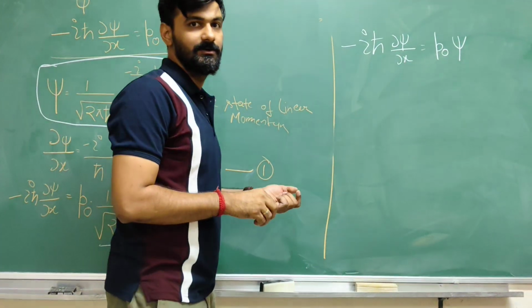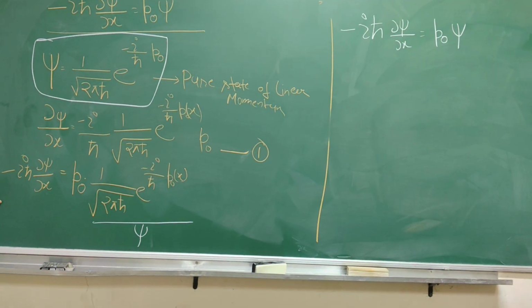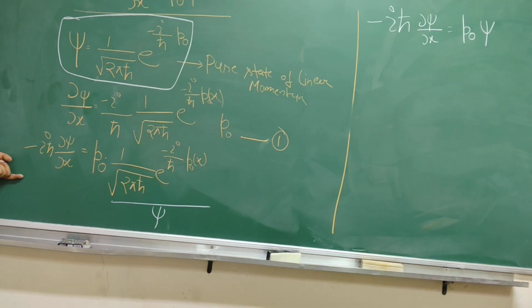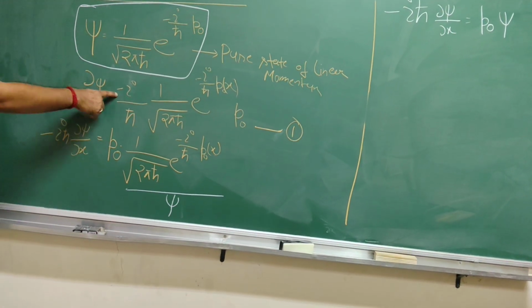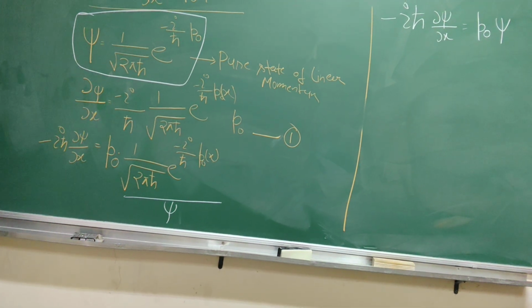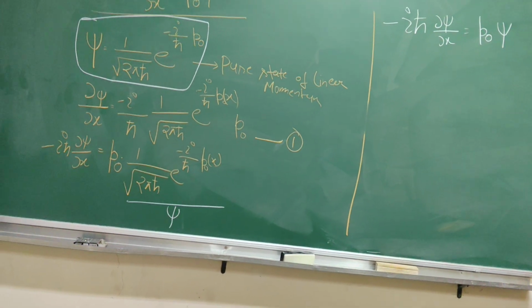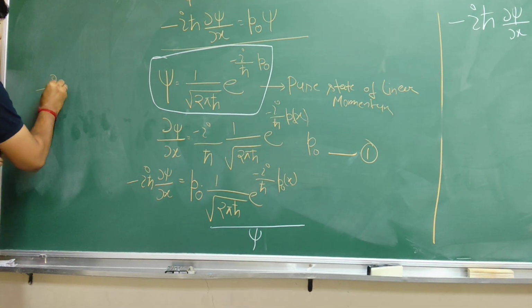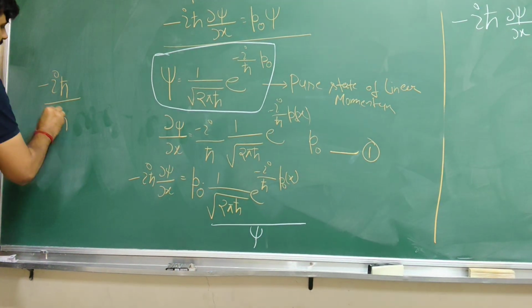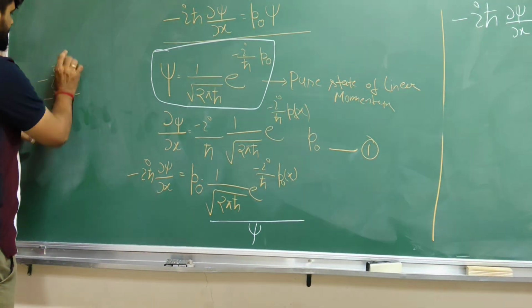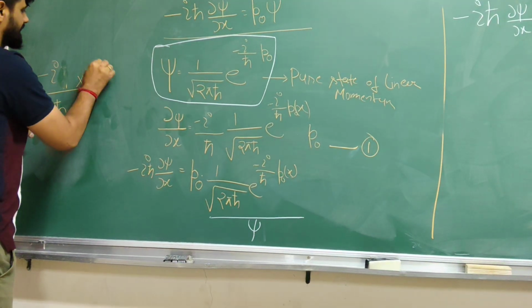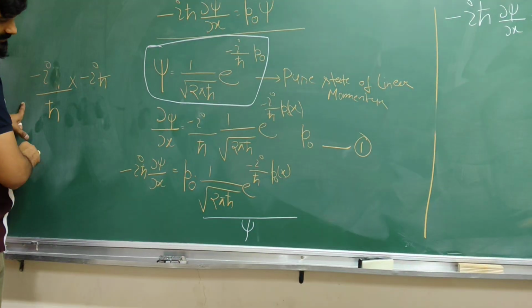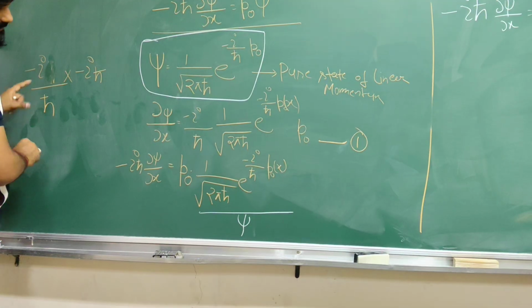Actually, one more problem here. When I multiply with minus iħ on both sides, then it will give the minus p naught, no? Can you separately calculate it? If you calculate minus iħ divided by ħ, and then you start with minus iħ, minus minus plus, that is minus. So there will be a minus here.